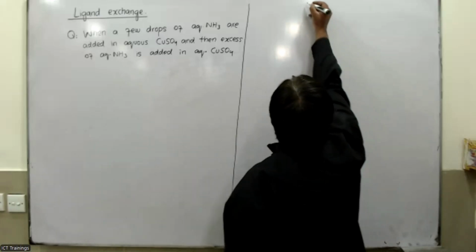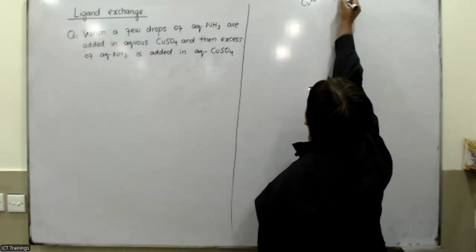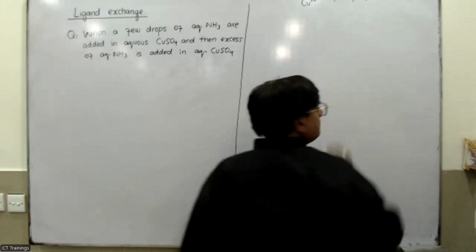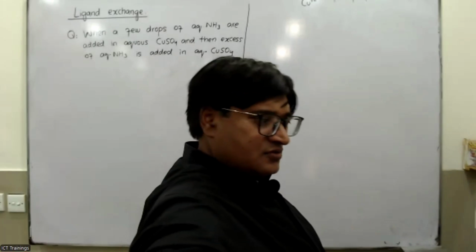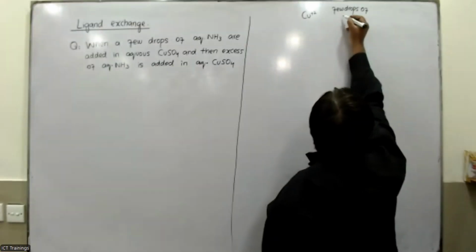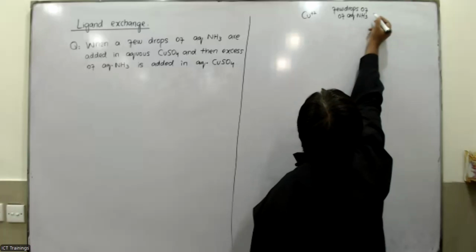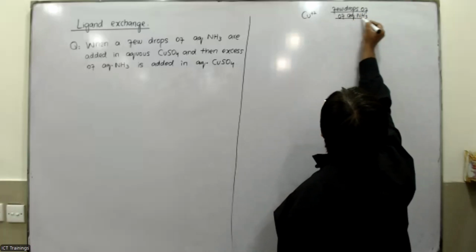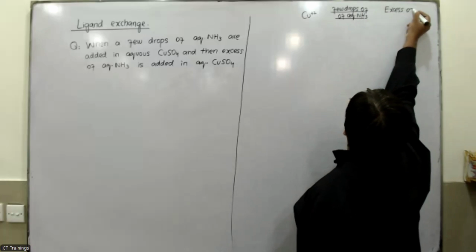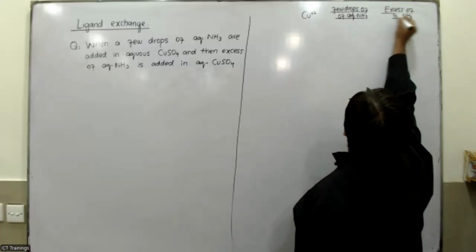When you have copper plus 2 ions and add a few drops of aqueous ammonia, and then add excess of aqueous ammonia, what would happen?